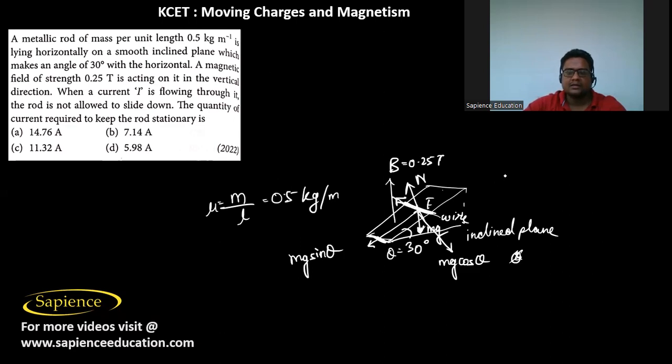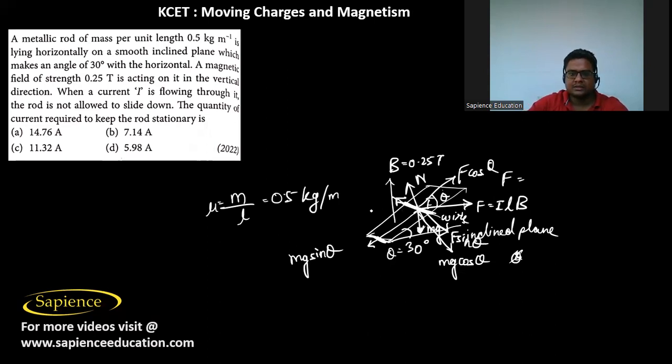Then the magnetic force will act like this, I L cross B, which is I L B. The component of this magnetic force along the incline will be F cos theta, and normal to the incline it will be F sin theta.